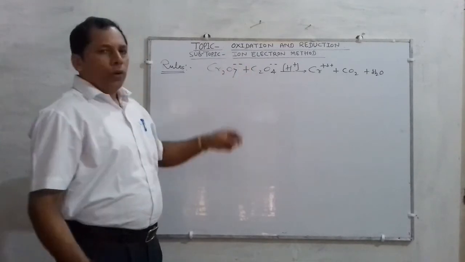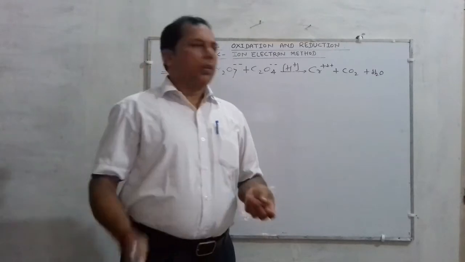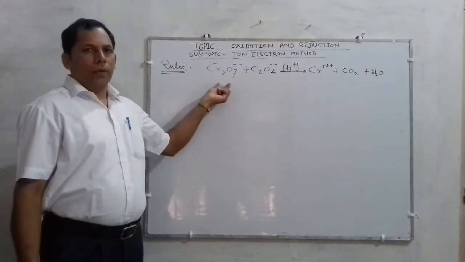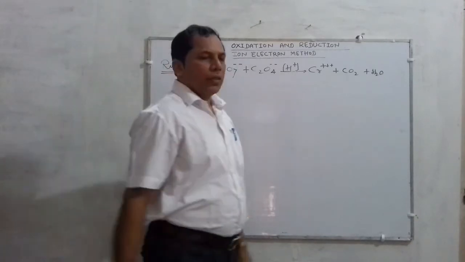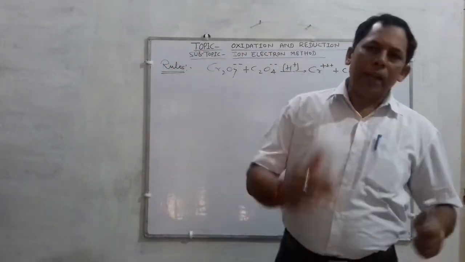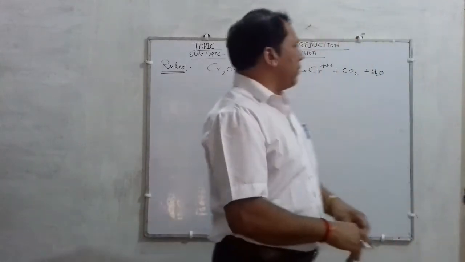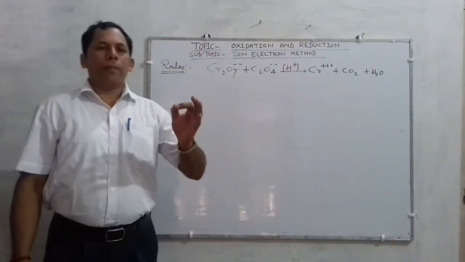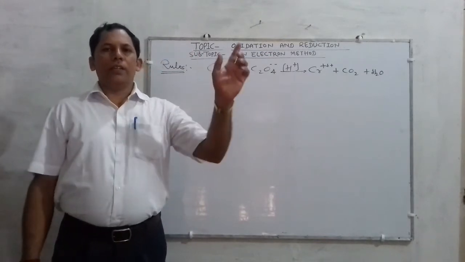Okay? So go in a systematic way, follow the rules, then you can easily solve it. In the oxidation reduction topic, balancing is a very crucial point. Such types of questions must be asked in any examination.